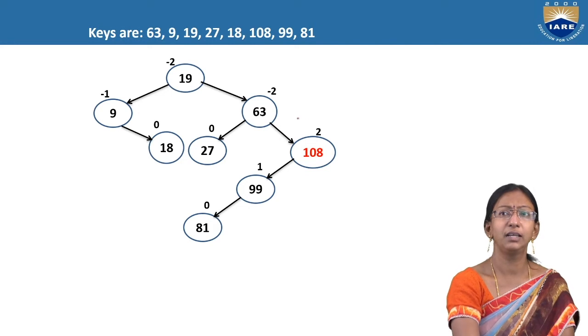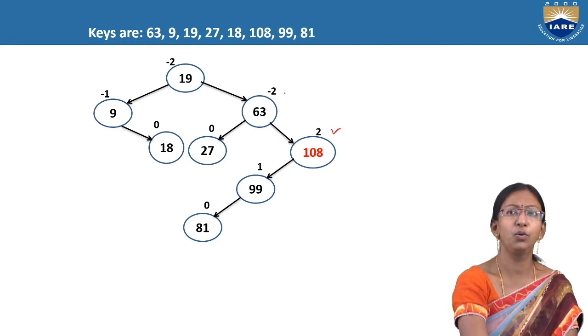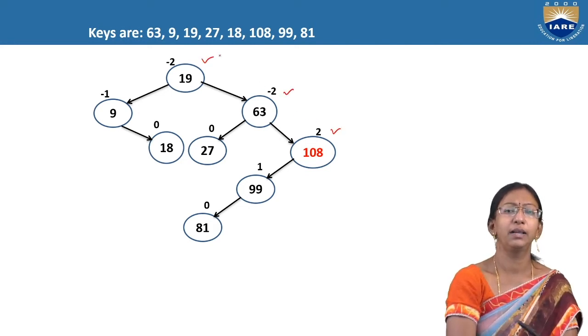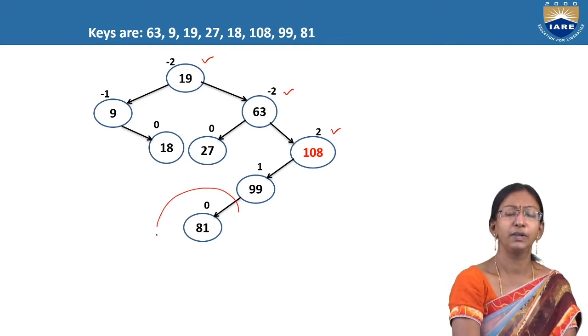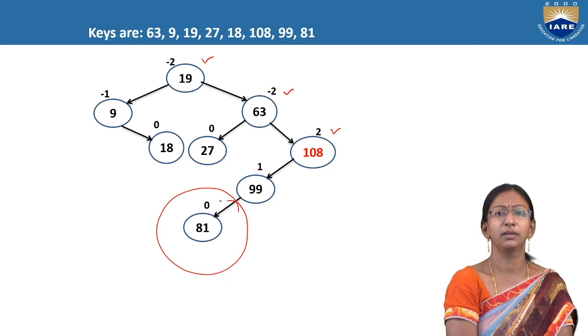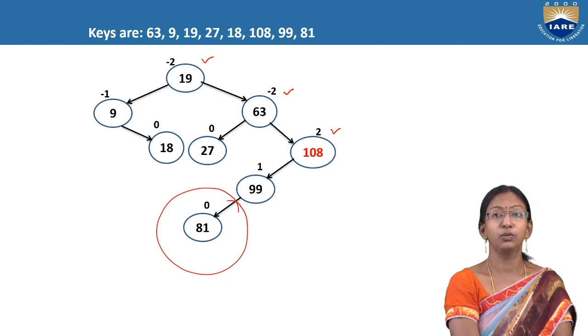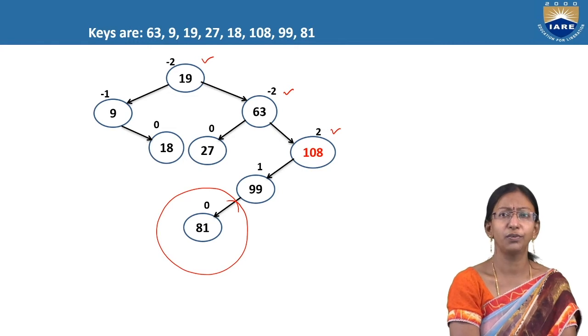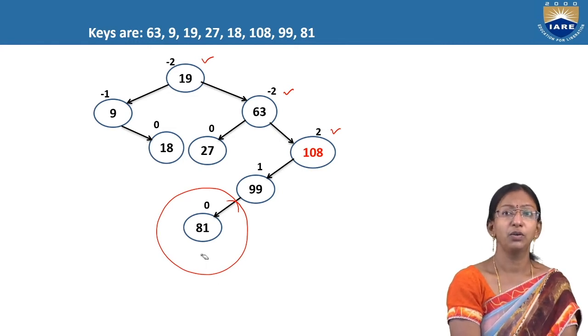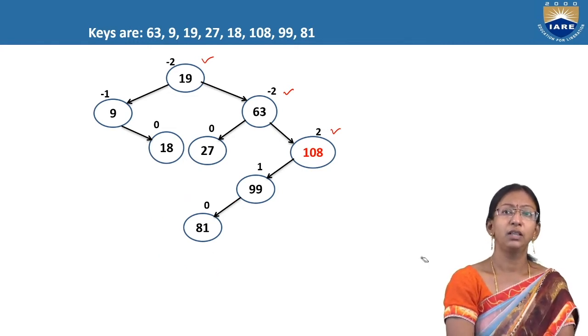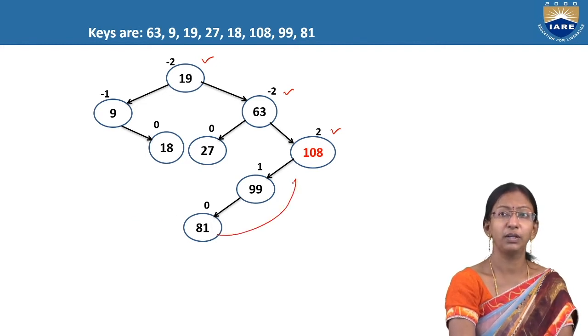You can see that 3 nodes violated, because of inserting 81. Very good. So now you have to think whose problem you have to solve because of 81. Because of 81, the nearest node which got affected is 108.